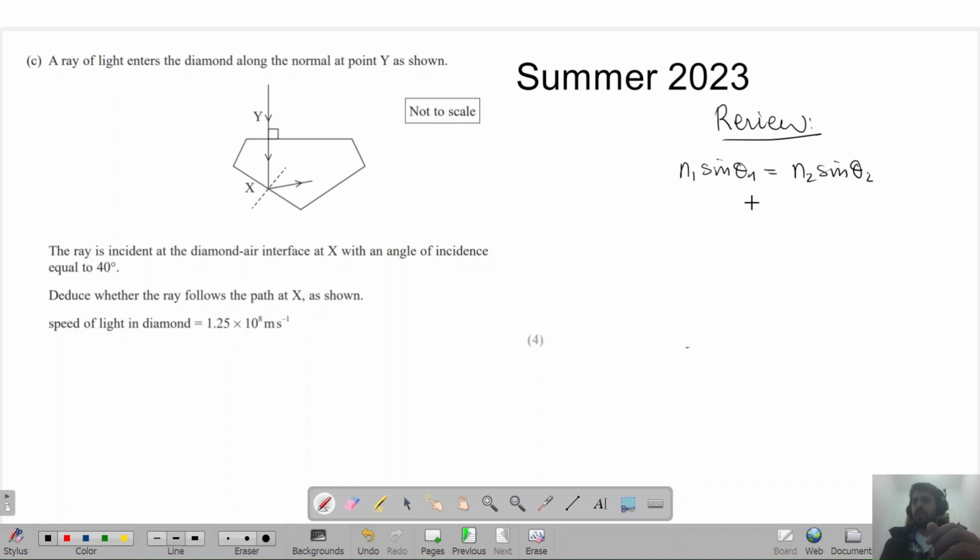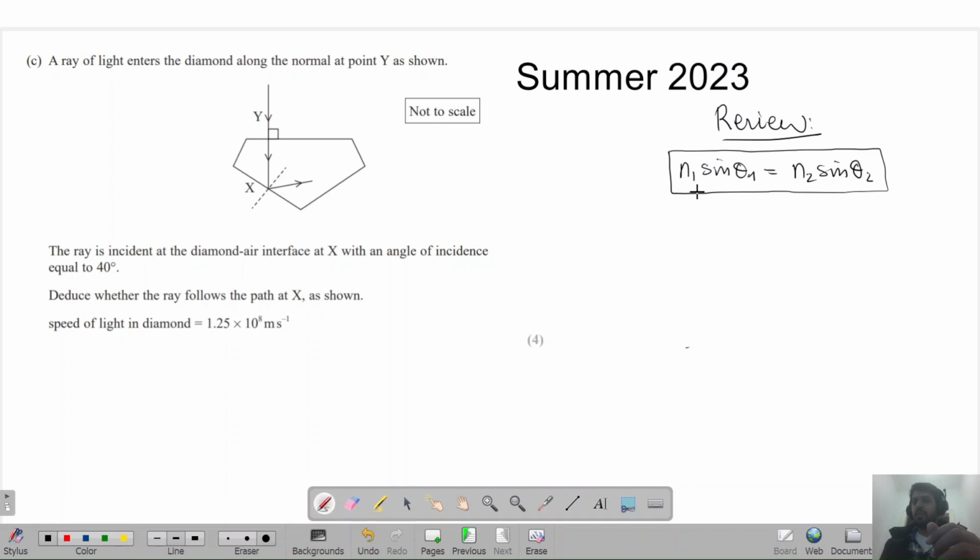We need some other equations, for example, for critical angle, for refractive index, for speed of light and wavelength in different mediums. If, for example, someone asks you to find the wavelength of light in water, right? But believe me, this is the only equation we need to answer all of these questions, because all the other equations can be derived from Snell's law if you understand the definition and different concepts about light. You will see in a moment.